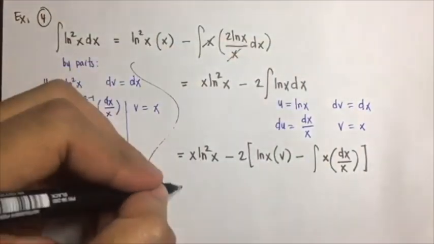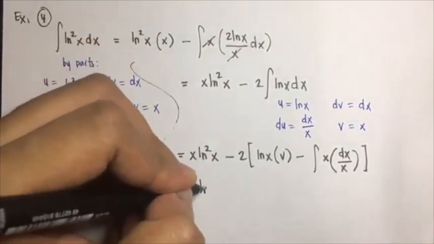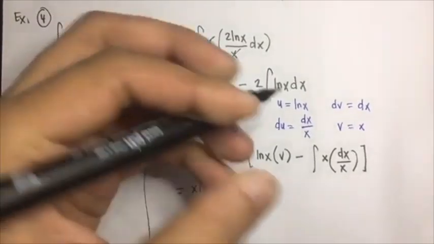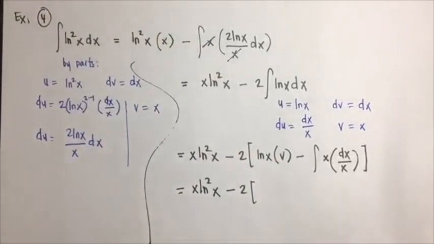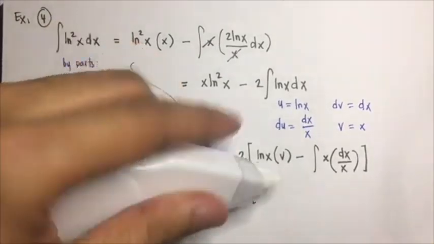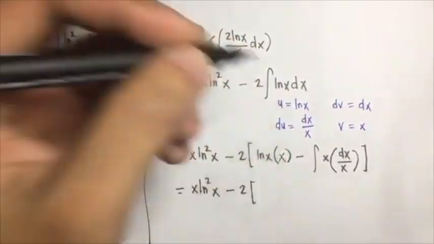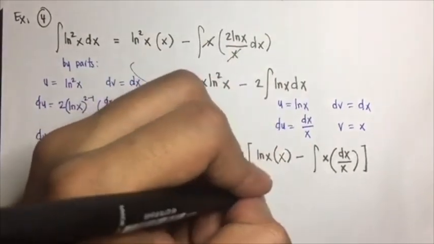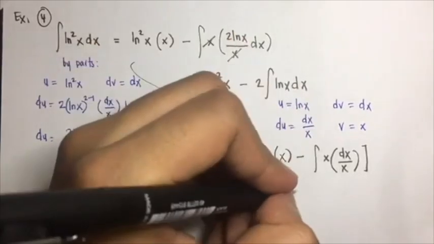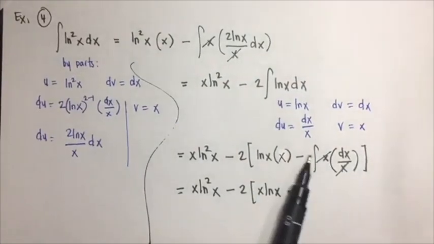Okay, simplifying, we will have x ln squared of x minus 2, sorry, our v here should be x, so x ln squared of x minus 2 times, this will become x ln of x minus, so cancel x, and then we will be left with the integral of dx.